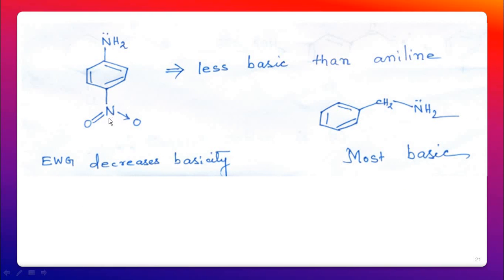In case of para-nitroaniline, the nitro group is an electron withdrawing group. Electron withdrawing groups decrease basicity. It is because the nitrogen lone pair is pulled towards the nitro group, so it is less available for protonation, so it is less basic than aniline.